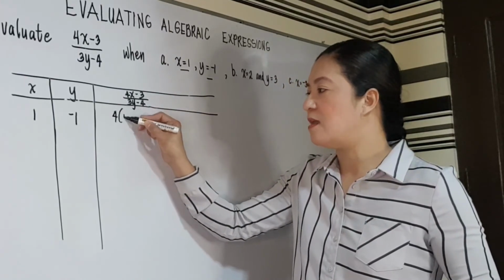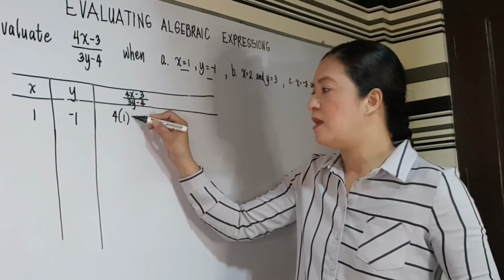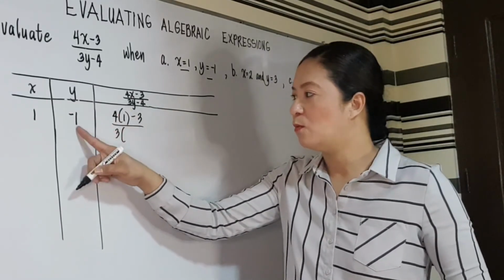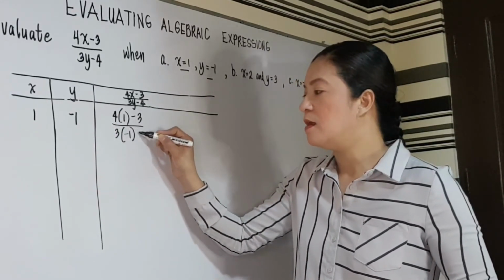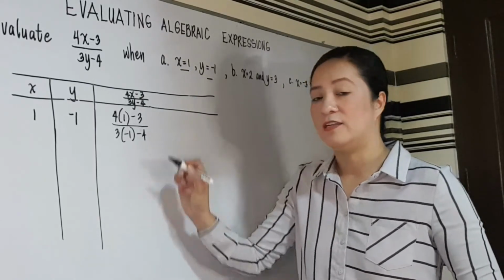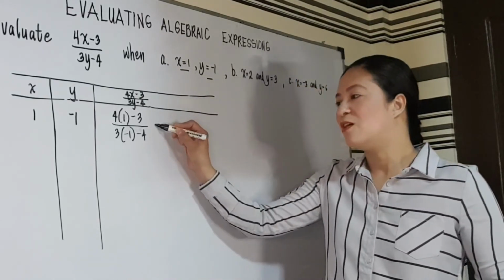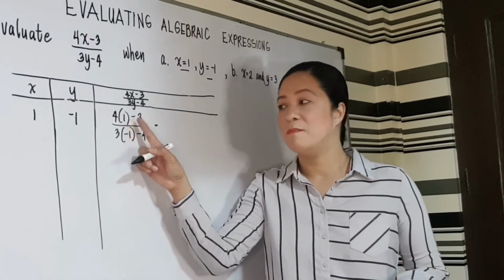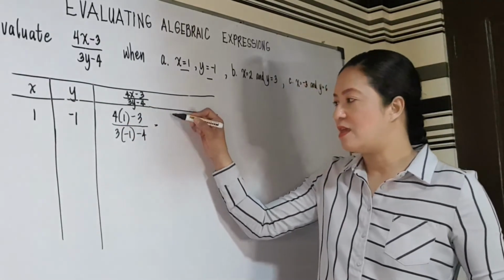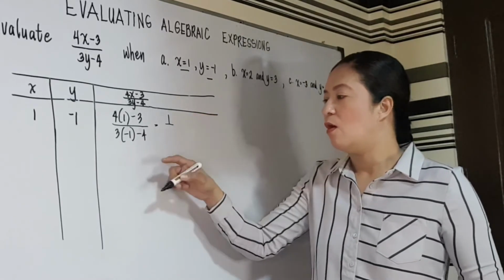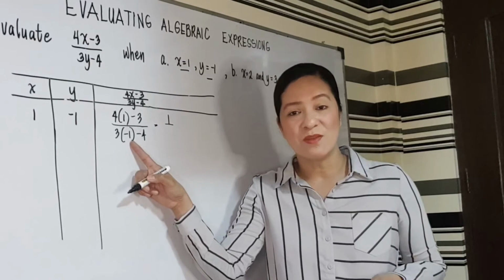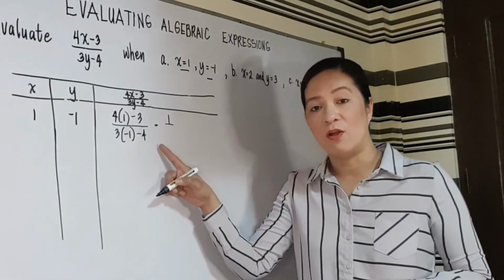So, we have 4 times 1 minus 3 over 3 times the y, which is negative 1, minus 4. Okay? So, 4 times 1 is 4 minus 3. Okay, that is 1 over 3 times negative 1. That is negative 3 minus 4.